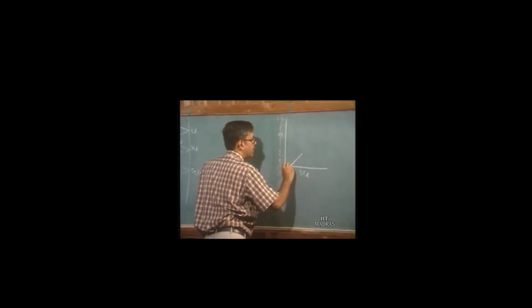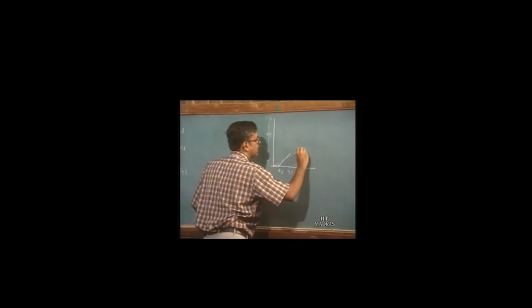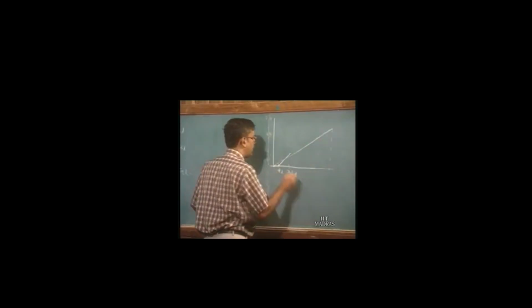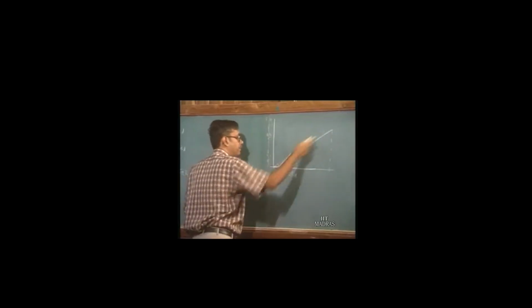So let us suppose this is the ramp which we are talking of. That is the input ramp. So the output is 4 volts at T is equal to 3 TD.